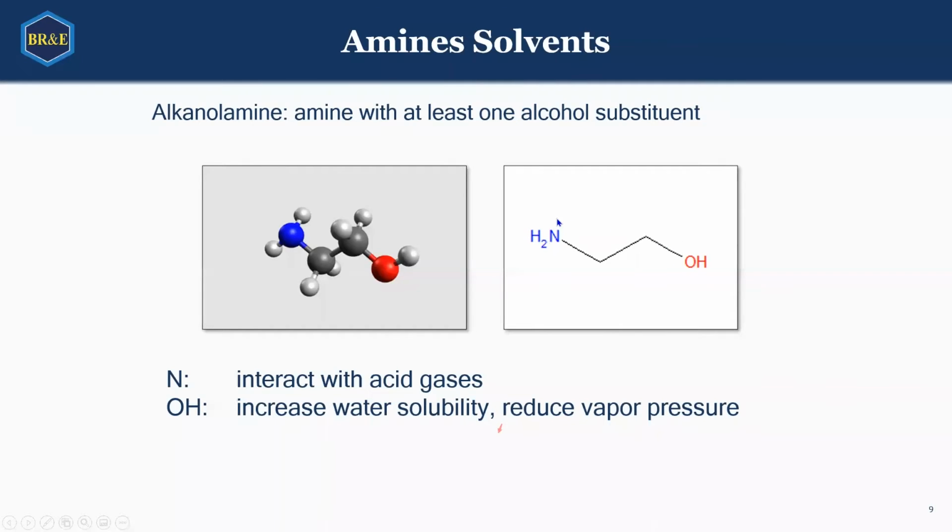The amine interacts with acid gases, so it's the one that is going to absorb or chemically bond the CO2. And the OH is there for higher solubility, because we're not going to be using pure amine, but a mixture of amine with water.